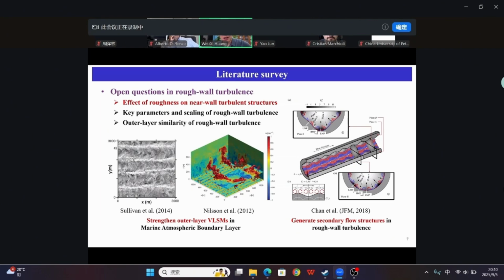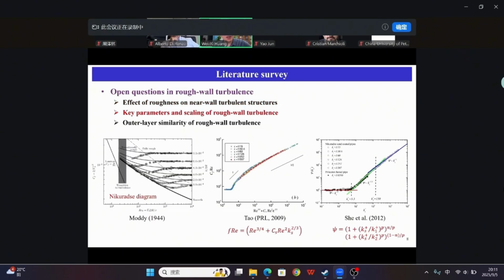This is opposite to our intuition, because we may think that the roughness has some destructive effect on the near wall turbulence, but in some experiments and numerical simulations such structures are strengthened. Then we may ask why. The second interesting open question is the key parameter and the scaling of roughness. The very classic figure is the Nikuradse diagram. It shows that the skin friction is a function of Reynolds number and the roughness height.